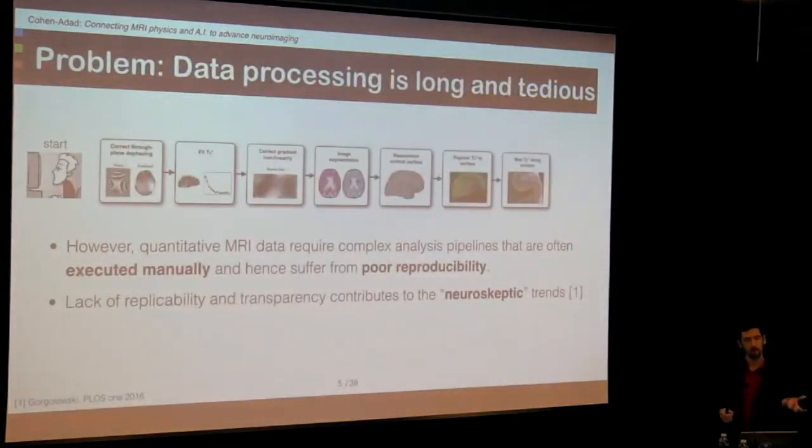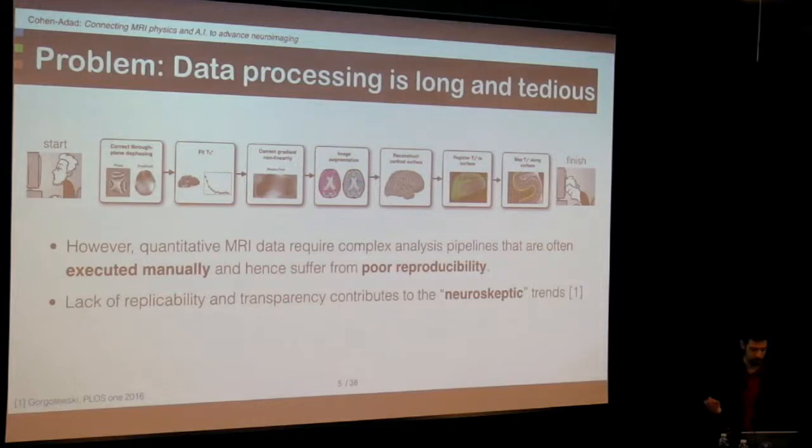But once we gather those data, it's another story, because we need to process them. And it's not easy to process quantitative MRI data because there are a lot of steps included. A student could spend a 4 year PhD just looking at how to correct for distortions induced by MRI. As you can see, there are a lot of steps.